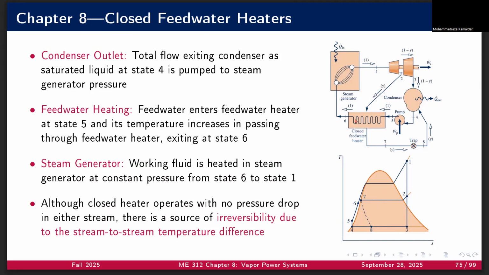This temperature difference is an unavoidable source of entropy generation within the cycle, which reduces the potential maximum efficiency, or basically exergy. So just remember that addition of this closed feed water heater is going to introduce entropy generation and it's going to reduce exergy.